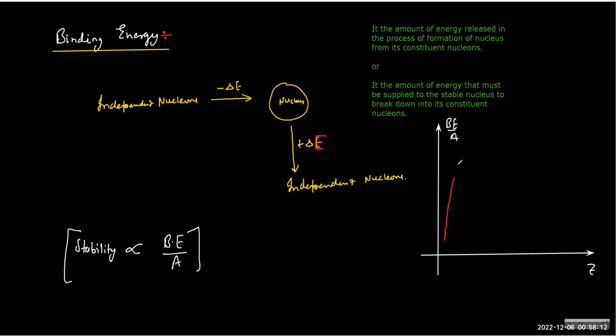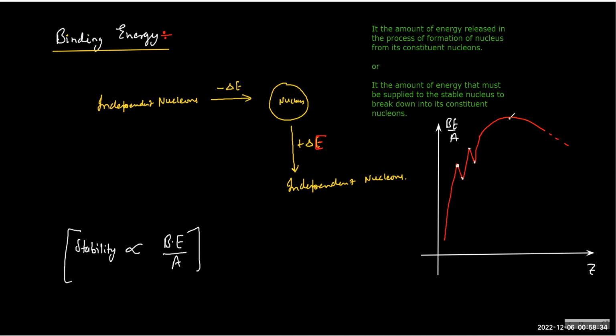It will go like this from 1, 2, 3. We'll have peaks, then it decreases and then reduction. This is a typical graph, and which element has the highest binding energy per nucleon?